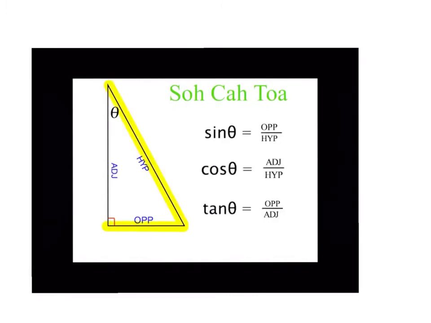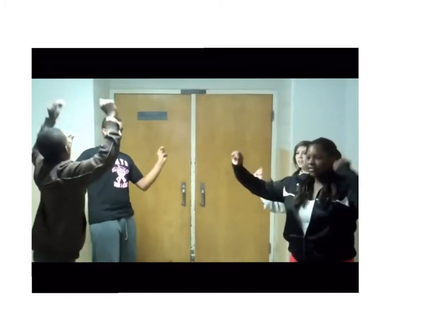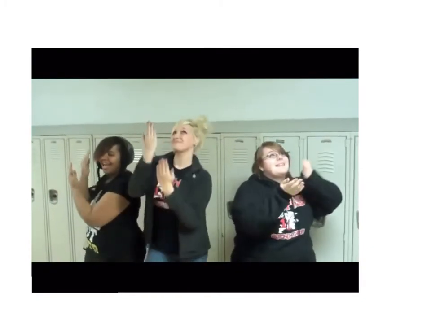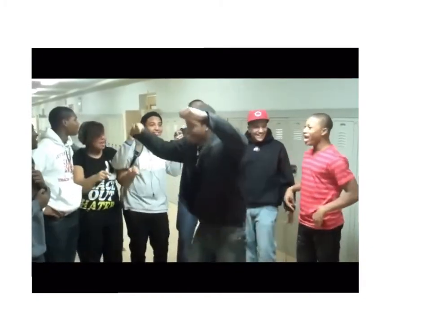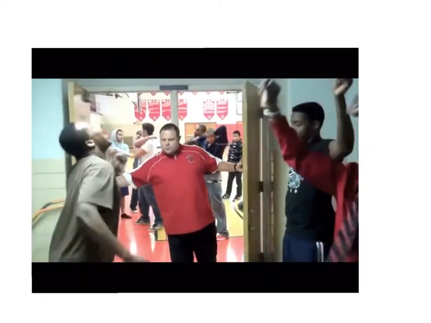If you got the O and HYP, so let's you know, that's the way to go. Let's say now you got the HYP and the ADJ, then cosine's the way, yes y'all. But there's one more, you got the legs? That makes it tan. Getting tricky with it.